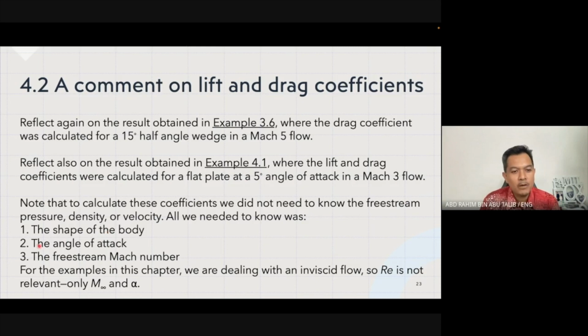And more importantly, we need to know the angle of attack, alpha, as well as the free stream Mach number. For the examples in this chapter we are dealing with inviscid flow, so the Reynolds number is not relevant. We only look at the free stream Mach number and the angle of attack.